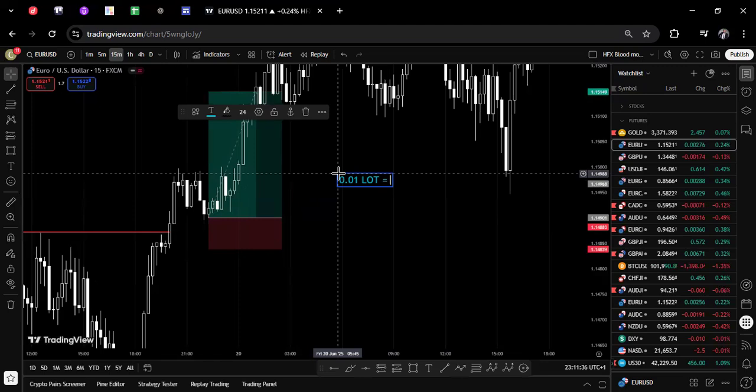Let me get my calculation right. 10 cents per pip, right? 0.10 lots equals, I'm sure I'm getting this right, $1 per pip. It should be $1 per pip, right?